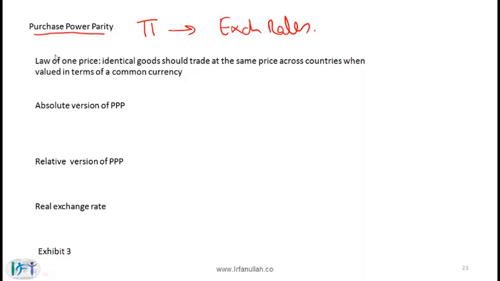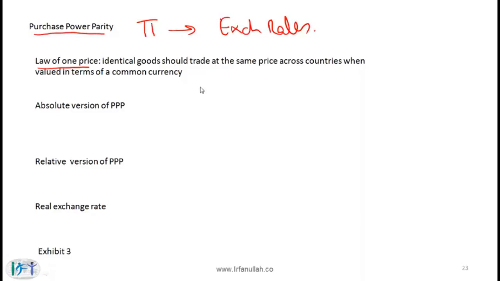So with purchasing power parity, the first concept that you need to know is the law of one price. You have seen this at level 1, so let's just review this very quickly. According to the law of one price, identical goods should trade at the same price across countries when valued in terms of a common currency.